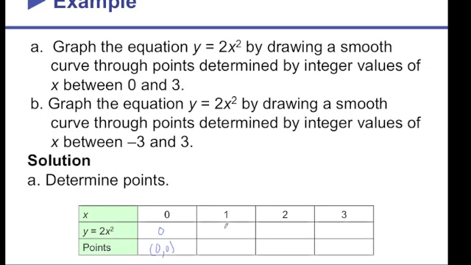If x is 1, 1 squared is 1 times 2 is 2, so the point would be 1, 2. If x is 2, 2 squared is 4 times 2 is 8, so the point would be 2, 8. And if x is 3, 3 squared is 9 times 2 is 18, so the point would be 3, 18.